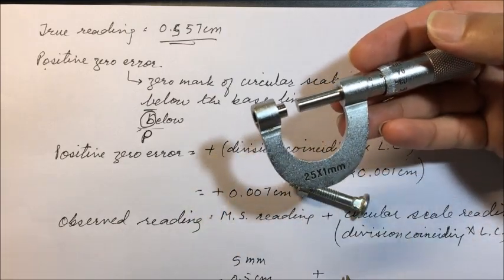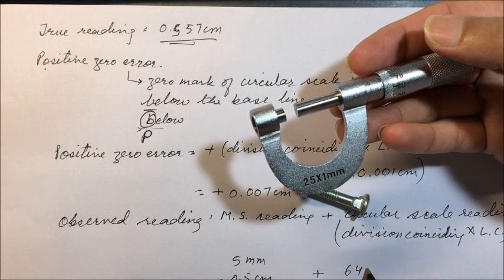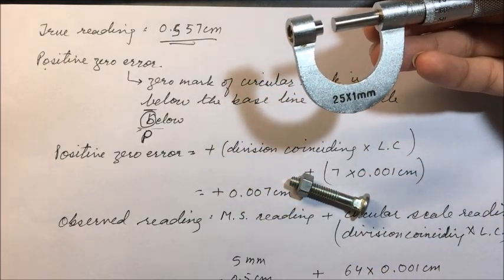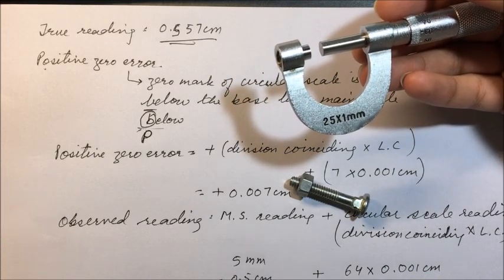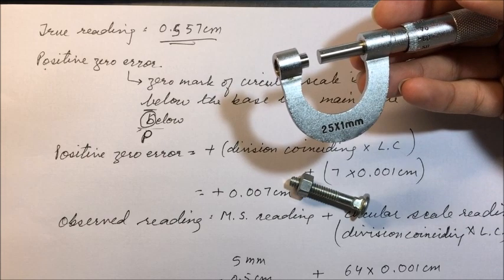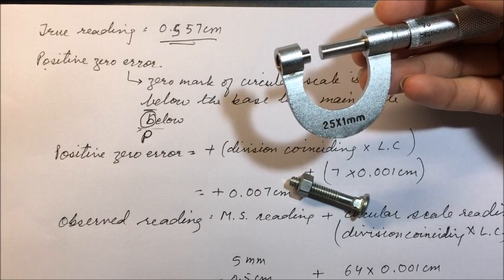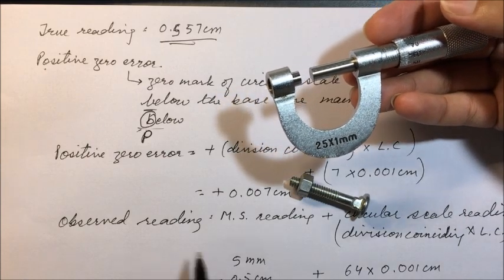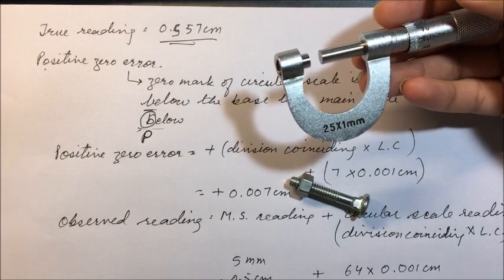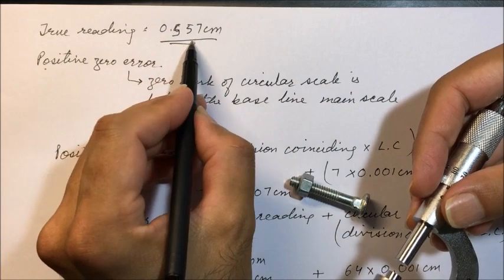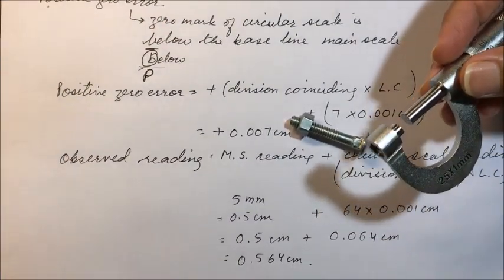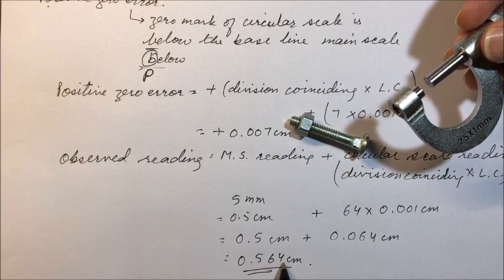The 64th division is coinciding. So 64 into least count 0.001 centimeter. So it comes out to be 0.5 centimeter plus 0.064 centimeter. So the observed reading is 0.564 centimeter. Now you can see the true reading is 0.557, but the observed reading we are getting is 0.564.